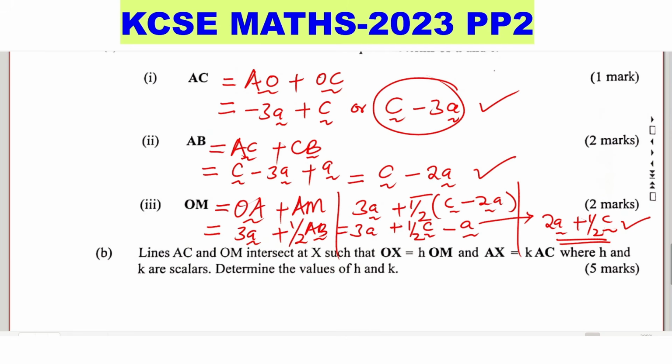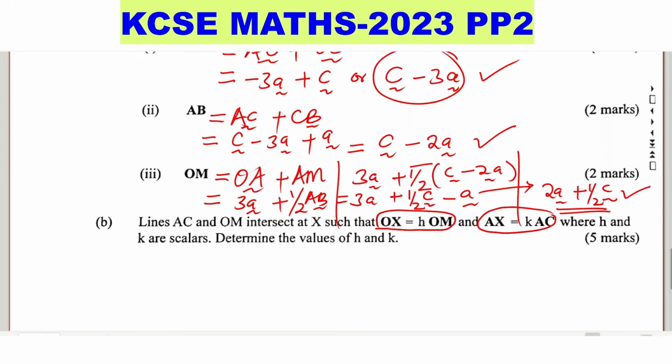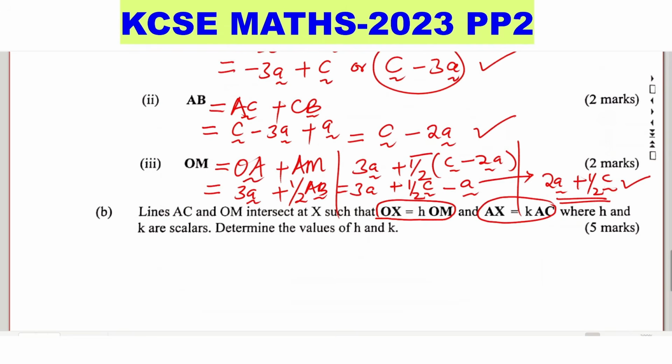So in order to get the values of H and K, we must come up with two simultaneous equations, and in those simultaneous equations you're going to involve these vectors, one equation to have OX and the other equation to have AX. Before we do that, we need to know what we are going to express in two ways.